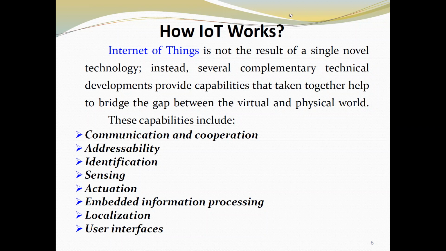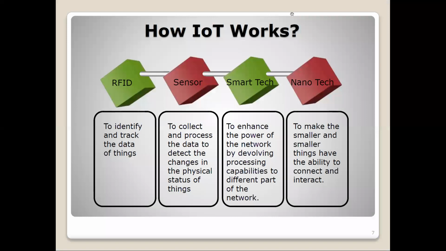Now, coming to the next slide, that is how this IoT works. Basically, it uses RFID, then sensors, and a connection of all of this, like smart tech and nanotech. This RFID is used to identify and track the data of the things, right?